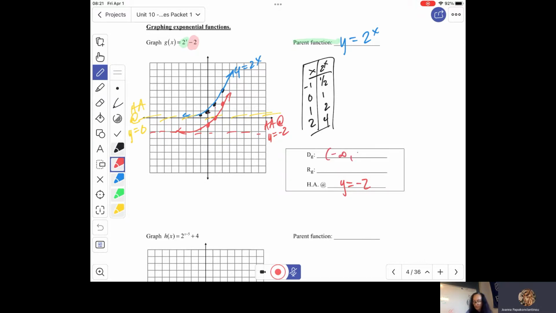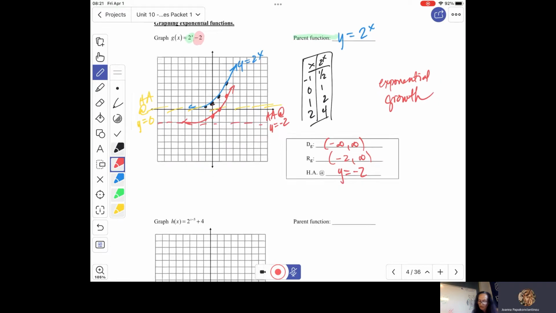All real numbers. That doesn't change. But did my range change? What is my range? Beautiful. Open -2 to infinity. And this is exponential growth. Strictly increasing function.